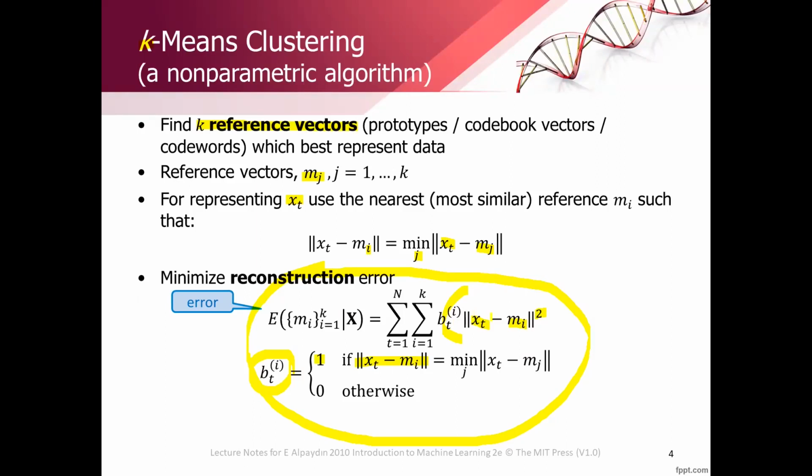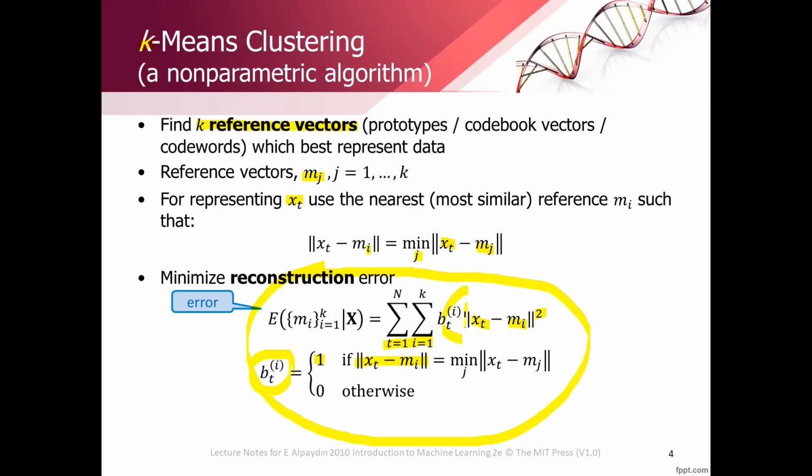You can see it's a double sum through all observations, so t from 1 to capital N, and through all the reference vectors, i equal 1 to lowercase k.